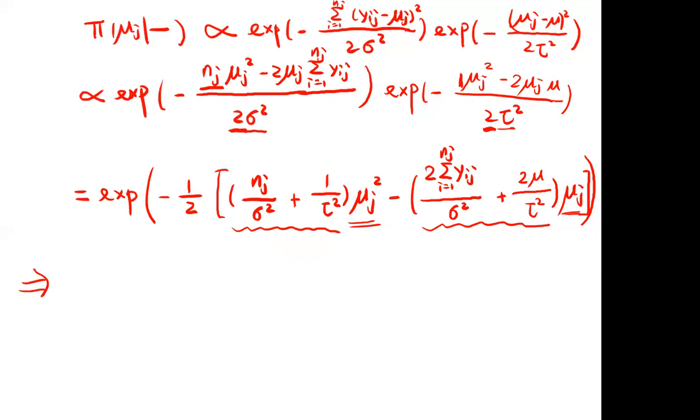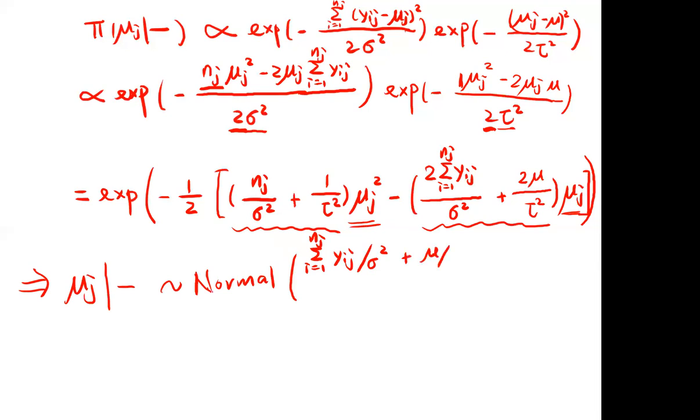So finally, we have the full conditional posterior distribution of mu j being a normal. This I won't go through again. Convince yourself whatever way you can think of. So the mean involves the sum of all of the yij divided by sigma squared, plus mu over tau squared, which is the term coming from the second constant here.